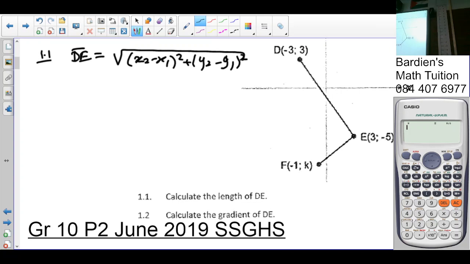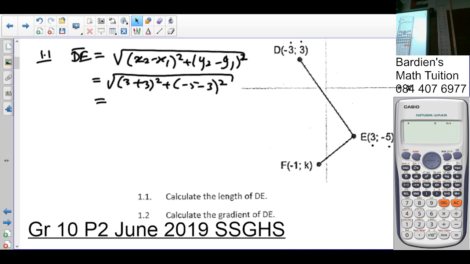So if we make that x1, y1, x2, y2, we get the square root of 3 minus 3 squared plus negative 5 minus 3 squared. That then gives us the square root of 6 squared plus negative 8 squared.